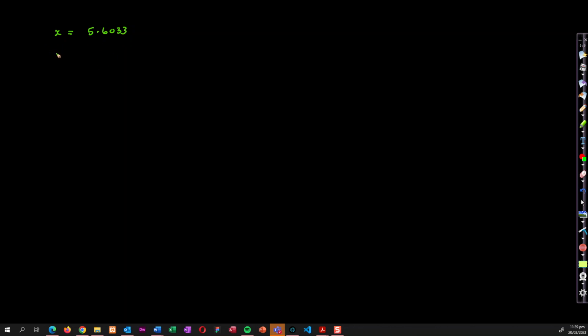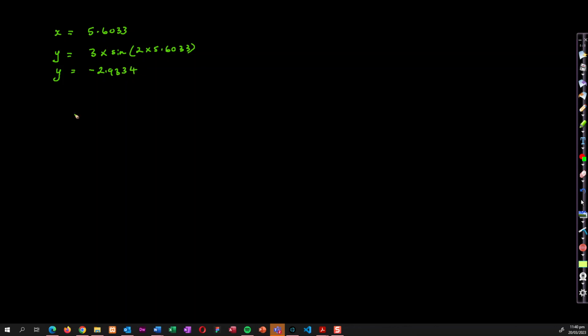That gives a y value, so y equals 3 times the sine of 2 times 5.6033. Times that by 3, and that's going to be negative 2.9334.